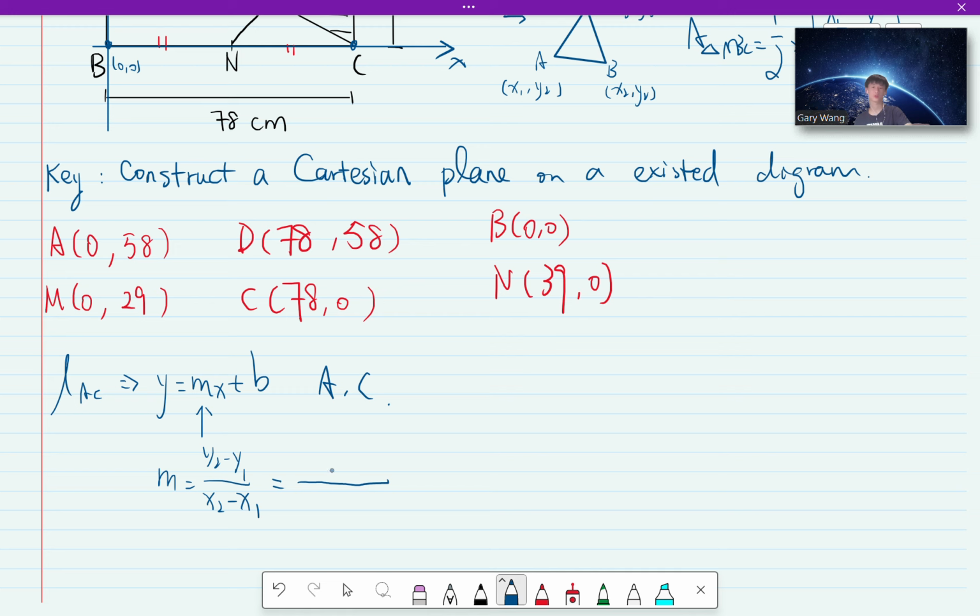So it should be 0 minus 58 over 78 minus 0. So we would get something like negative 58 over 78.